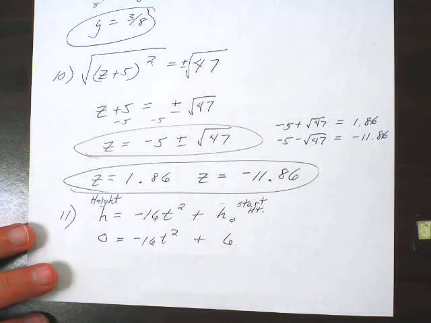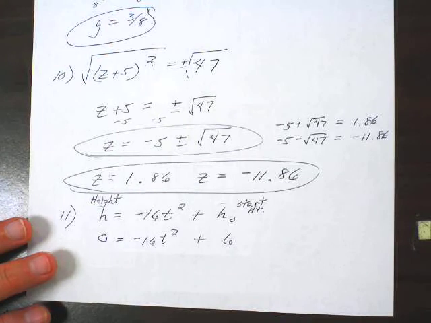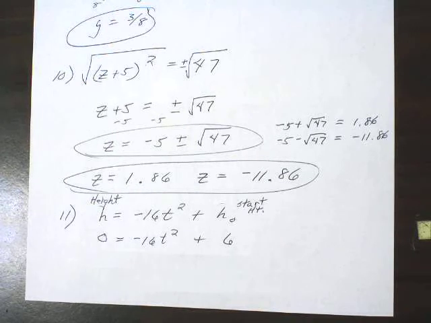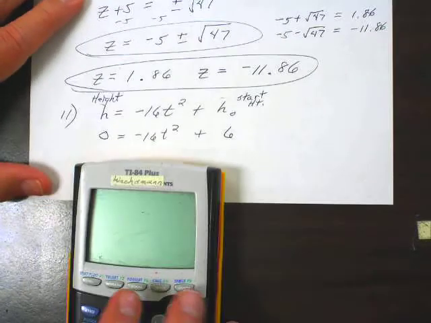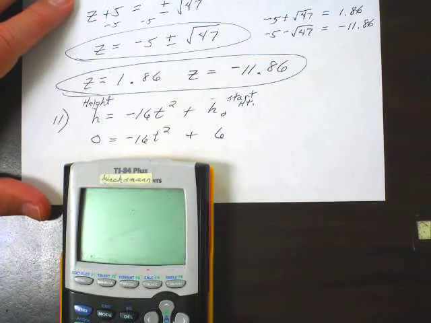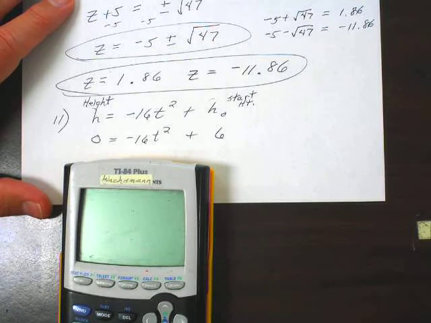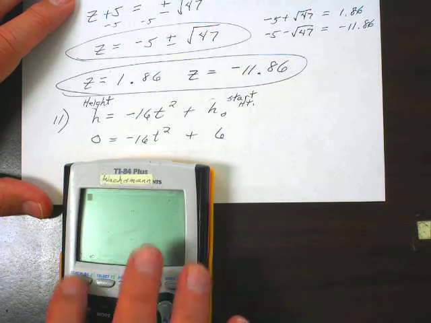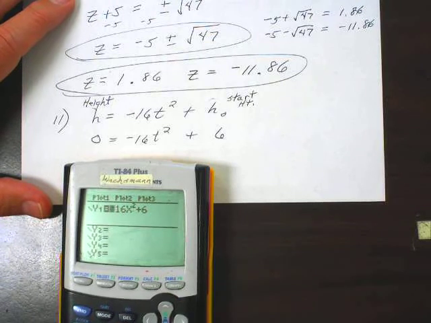And now we're going to figure out where it hit the ground. If you'll remember, we did this kind of problem earlier. We want to know where it hit the ground. So we're going to come to y equals, and we're going to put that in the calculator.